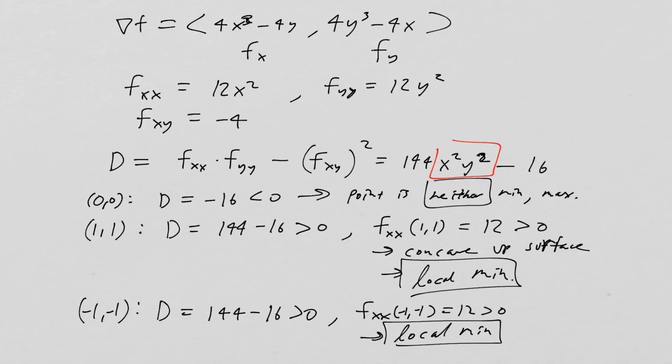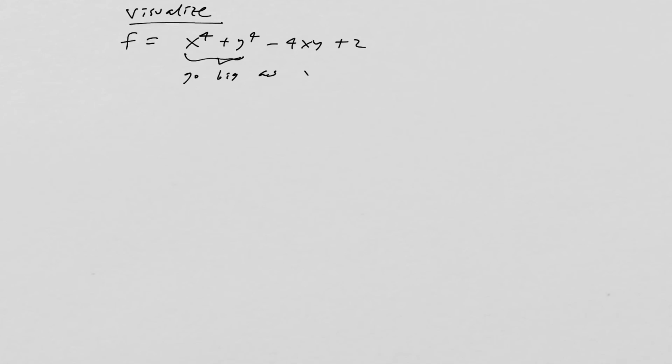I think it's important for us to then go back and see if we can visualize this. What we have here is f equal to x to the fourth plus y to the fourth minus 4xy plus 2. It should get big as x and y go away from the origin, so it should have that concave up bowl shape.